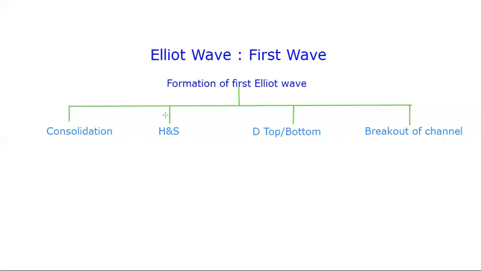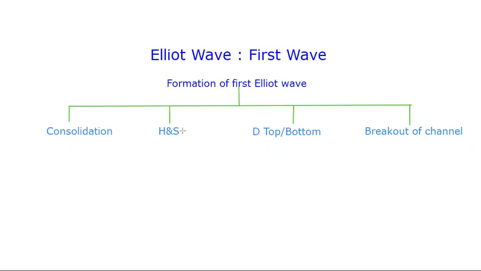Okay, so as part of the first wave, I find these patterns very useful in marking the first wave correctly, and these patterns are very important, and they form on every instrument on any time frame. So if you find these patterns, even on a 5-minute chart, you can start marking the waves starting from the first wave.